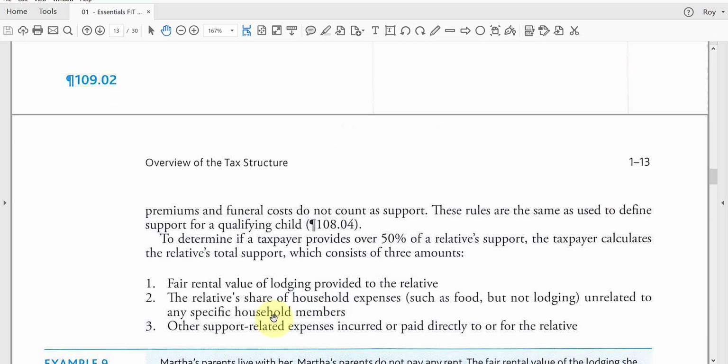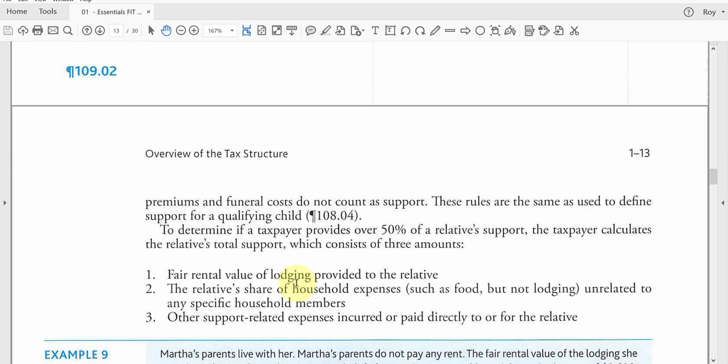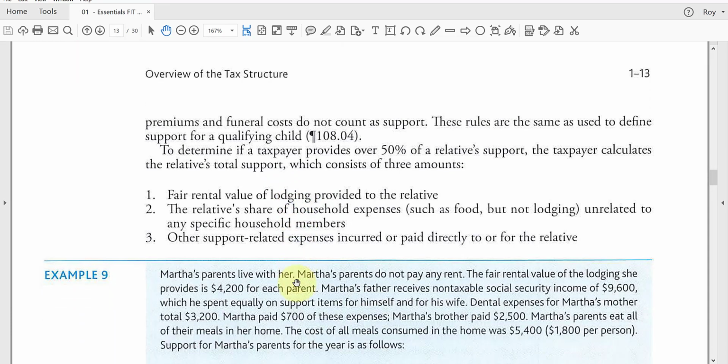And as long as the taxpayer pays for more than half of that cost, this test is met. Now, the dependent doesn't have to live with the taxpayer like a qualifying child, but to get this lodging support cost, pretty much they have to live together since we have a high cost of living here in Hawaii.